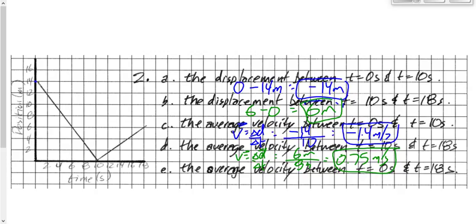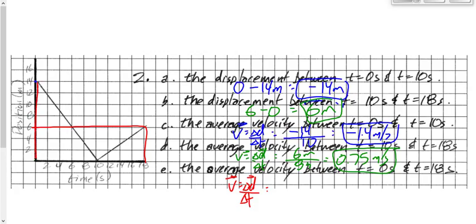And finally, the average velocity over the whole thing is, as always, displacement divided by time. What's the displacement over the whole thing? Yep. The displacement over the whole thing is -8. Good. The final position is 6.